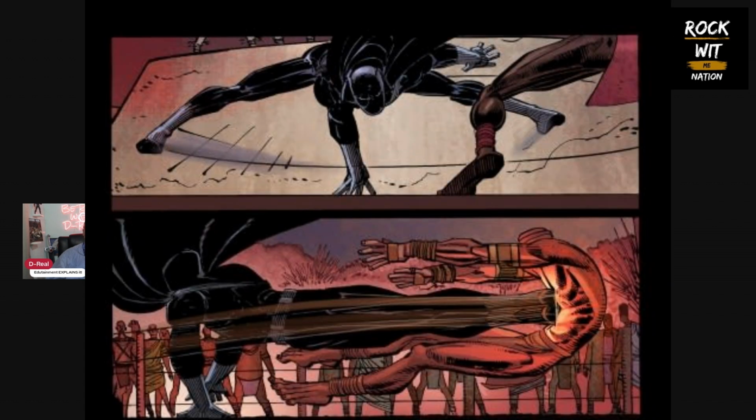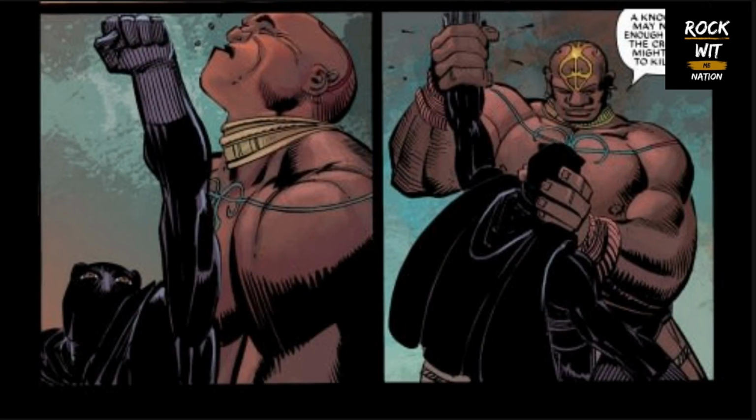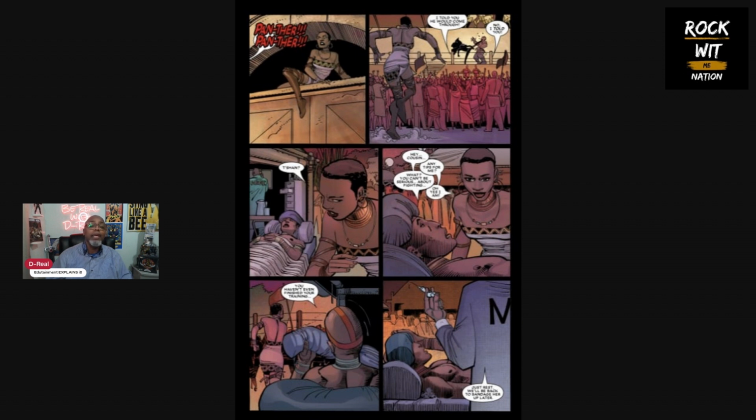Dad gave him a hard way to go. And while Dad is dispatching opponents, large and small, these opponents are giving as good as they get. But enter, this is the first appearance ever in comics of Shuri.